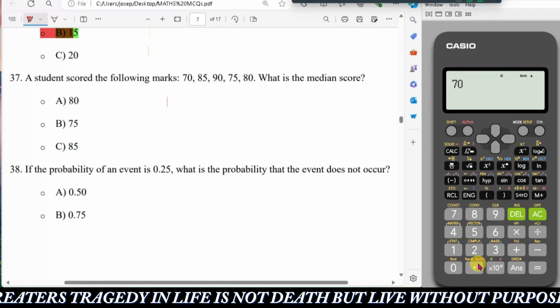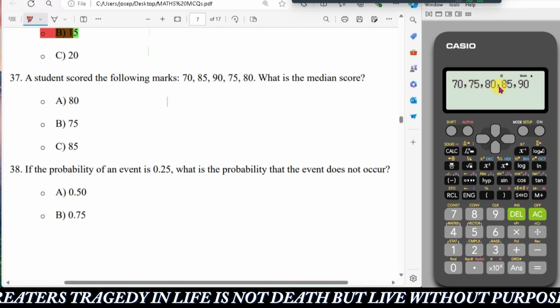So we have 70, comma, 75, comma, followed by 80, comma, then 85. Then the last one is 90.